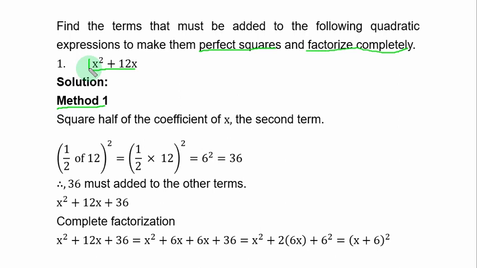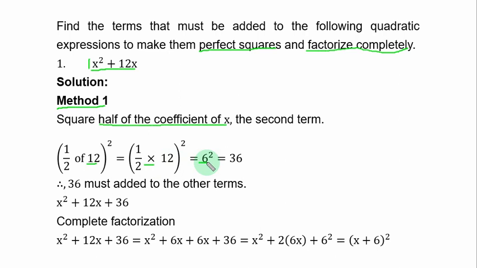Then step 2, square half of the coefficient of x, the second term. Coefficient of x is 12, so you take half, that is 1/2 of 12 all squared. Half means 1/2, then of is times, so we have 1/2 times 12, and that is 6.